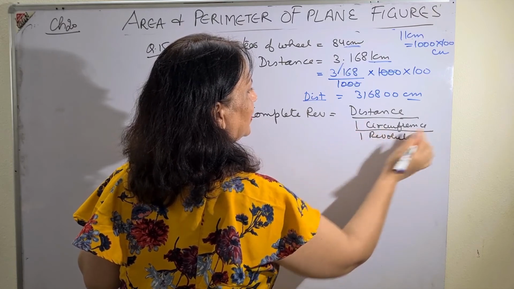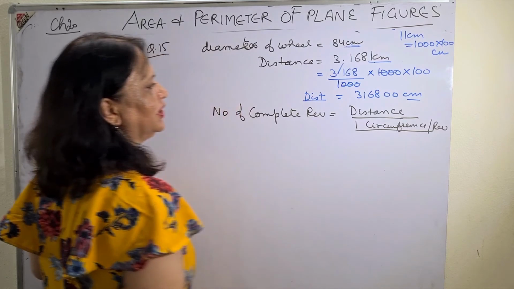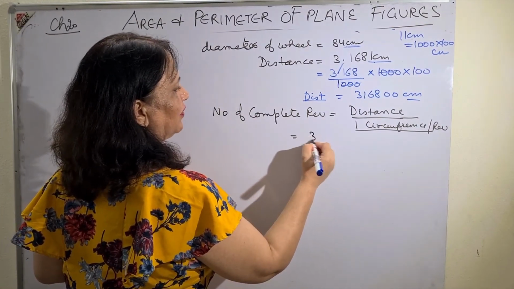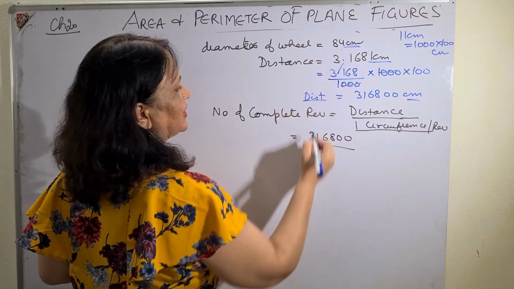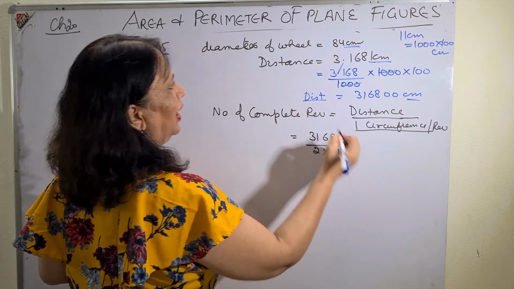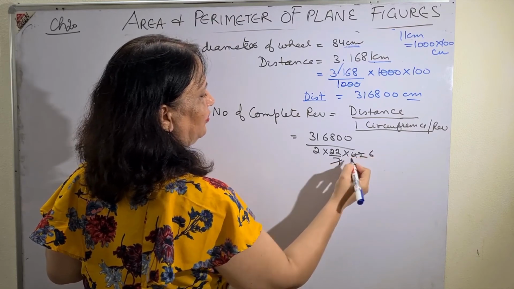So in place of circumference, you can write revolution. Also, since one revolution is equal to circumference, I directly wrote circumference. Distance I have calculated, 3,16,800, and circumference formula 2 into 22 upon 7 into r. r is 42 centimeter. 7 6 are 42.